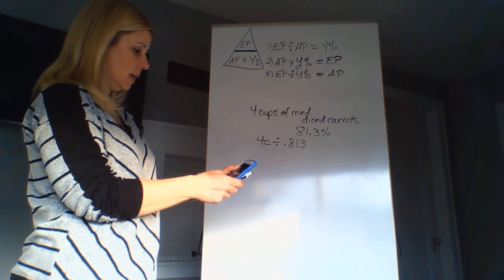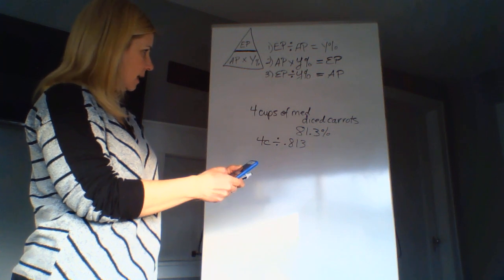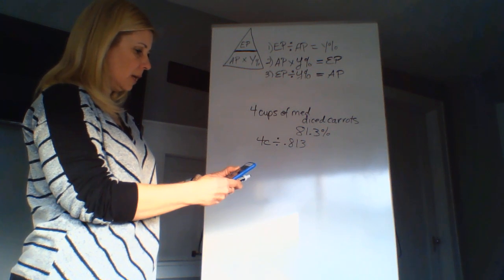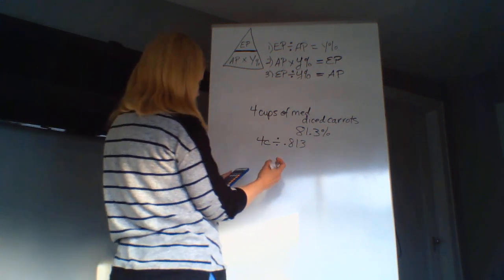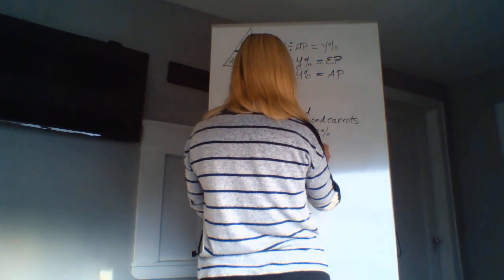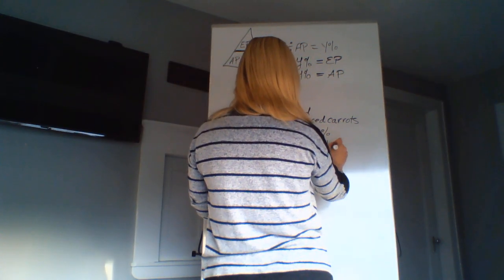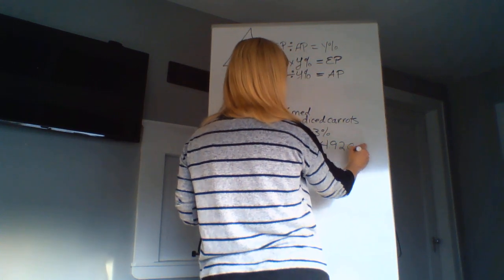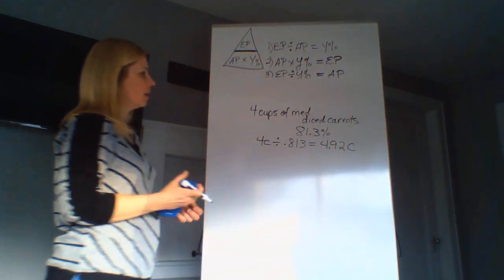So that would be 4 divided by 0.813 means that we really would need 4.92 cups in order to end up with 4 cups.